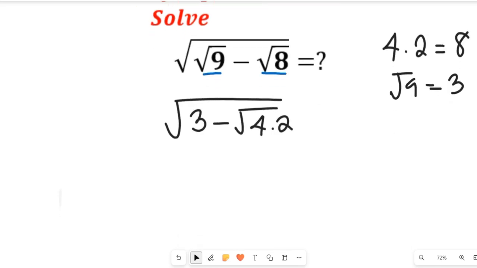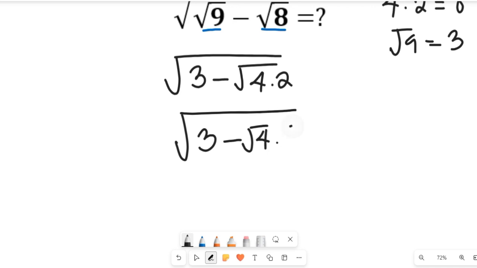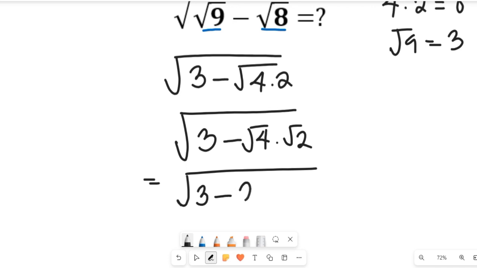If we simplify that, we'll have the square root of 3 minus the square root of 4 multiplied by the square root of 2, and this will give us the square root of 3 minus 2 root 2.